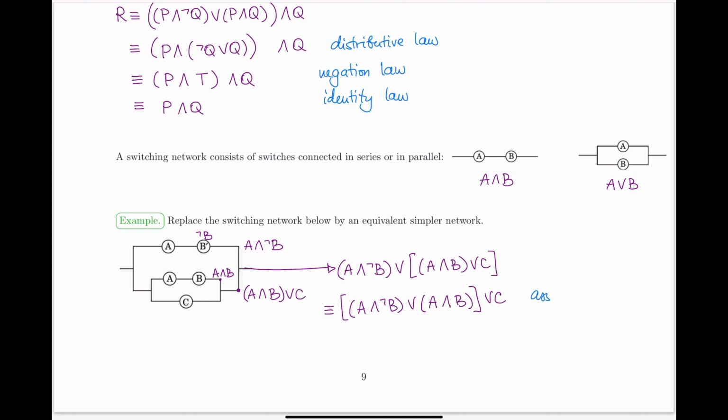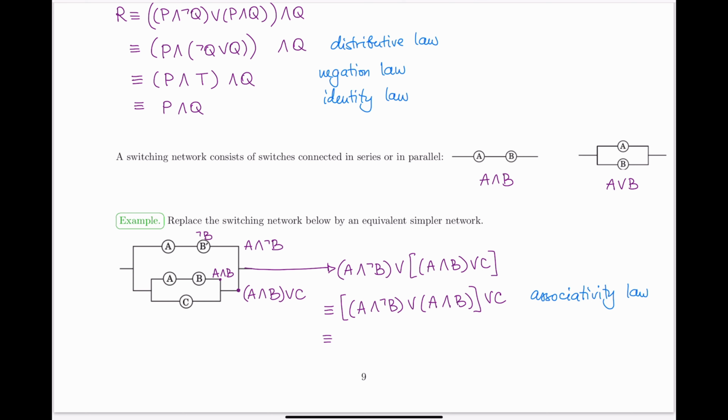The law that allows me to do that is called associativity law: the ability to move brackets around as long as the operation is the same. And now I'm actually in a similar situation as I was here. On the inside, I have two things that have something in common that I can factor out. In fact, the rest of the simplifications will look very similar to my previous network.